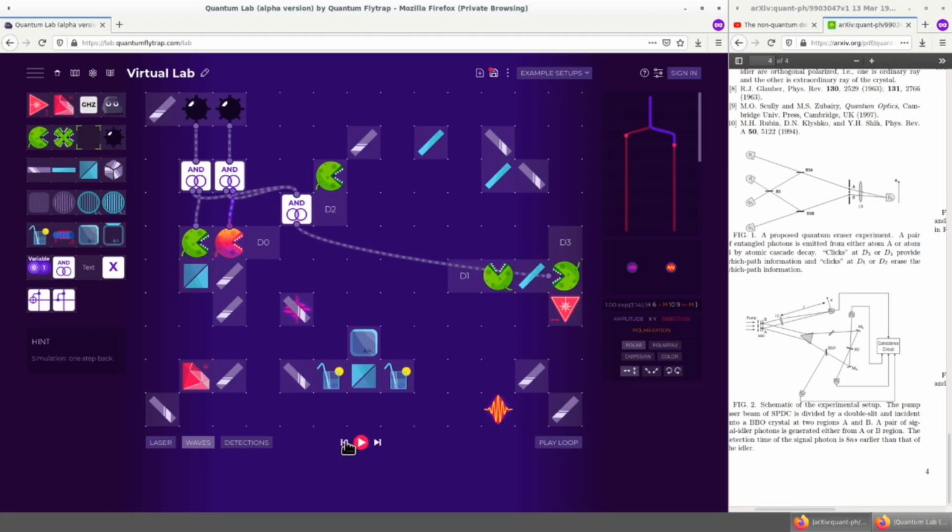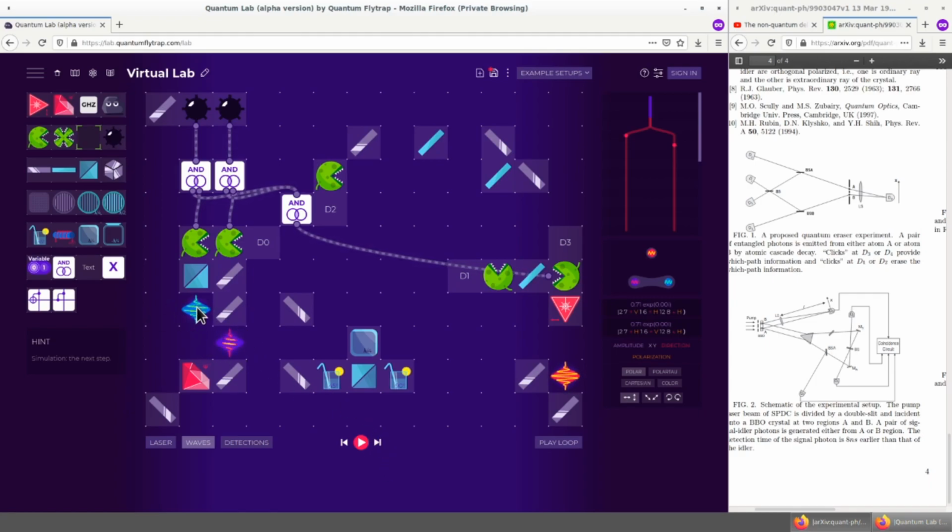If I back up to here, you can see that the idler photon is stretching and squishing. This is how the simulator indicates that the state is entangled, that the polarization of this photon is entangled with something else in the system, in this case, the polarization of the other photon.